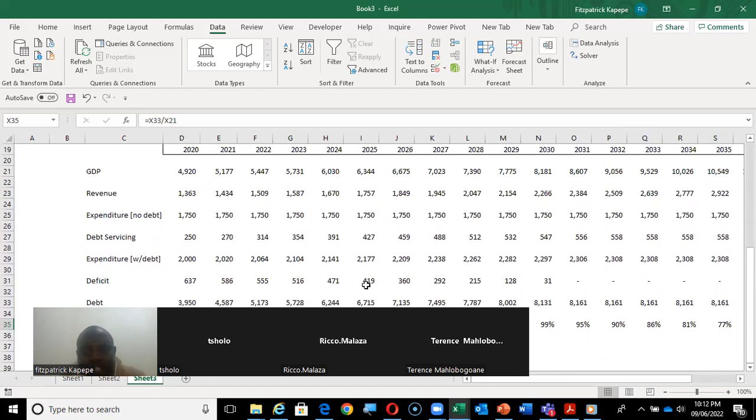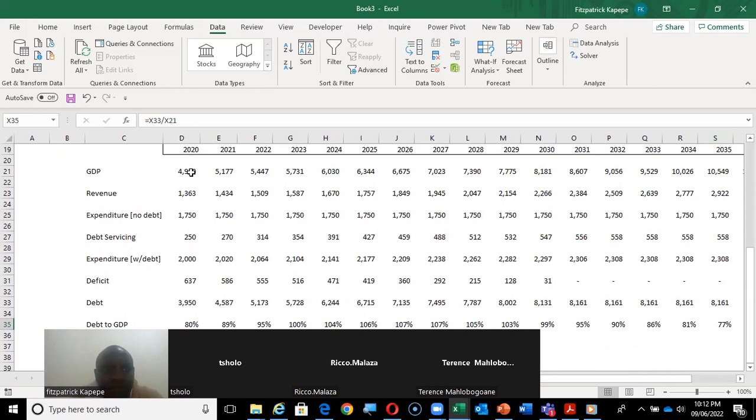Unless there's an assumption that we had missed, we can counter check, guys. So maybe also the question would be, with this GDP growth rate, it's growing from 2020. Revenue is given there to remain as is.